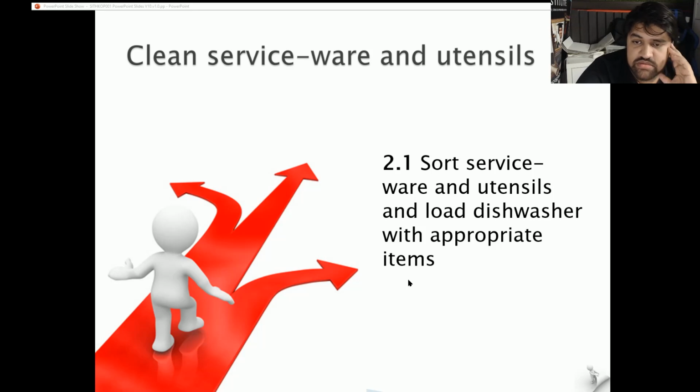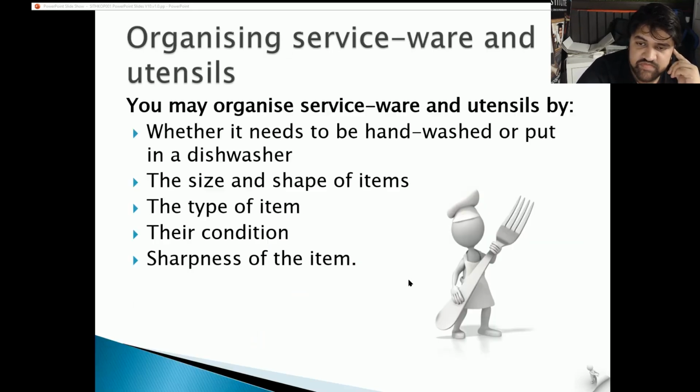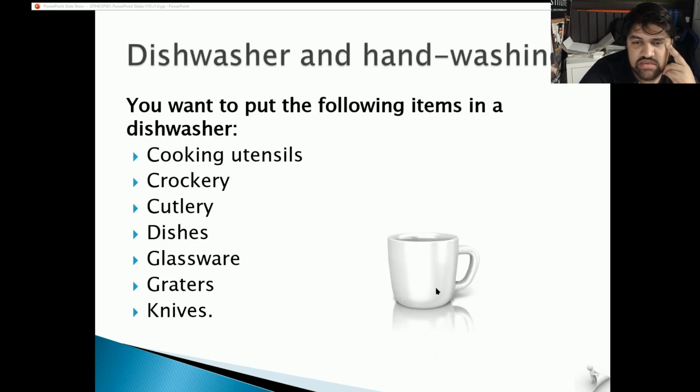2.1, sort serviceware and utensils and load dishwasher with appropriate items. Organizing serviceware and utensils. You may organize serviceware and utensils by whether it needs to be hand washed or put in a dishwasher, the size and shape of the items, the type of item, their condition, the sharpness of the item. Dishwasher and hand washing.